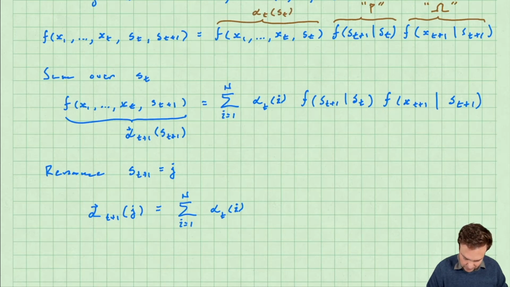This first one is p, with this index j and this index i, so this is p i j, and this guy over here is omega at this index value, which is j.